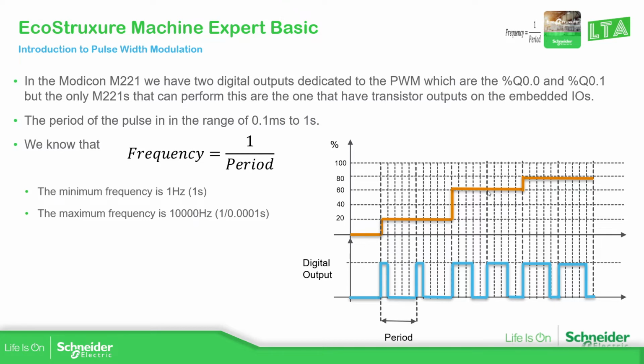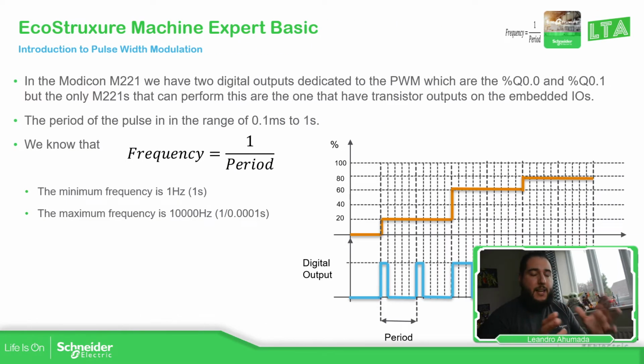Here again I have started another period, 60%, then 0. And in this case I have 80%. So if we divide the period in 5 parts, 80% is going to be true. This is basically how the function block works in the M221.